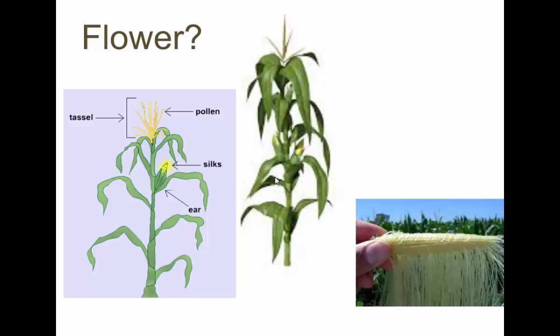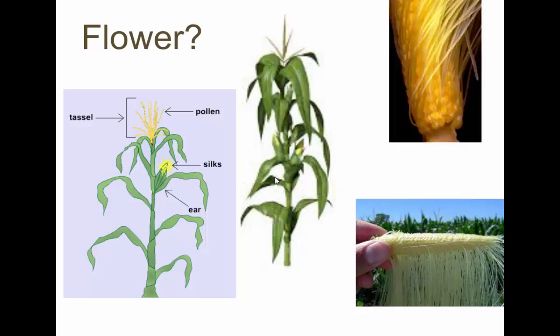The female parts, the female flowers, are down here where the ears of corn will develop. And you know what the silk of a corn stalk is, right? The stuff on a cob that you have to peel off if you're going to have corn. Actually, that silk is the styles of the female parts of the flower. Every single corn kernel has one of those silks attached to it. And you can sort of see it here in this picture.